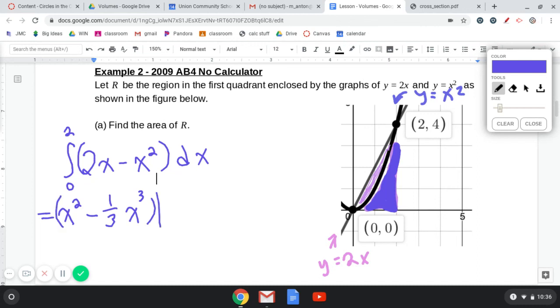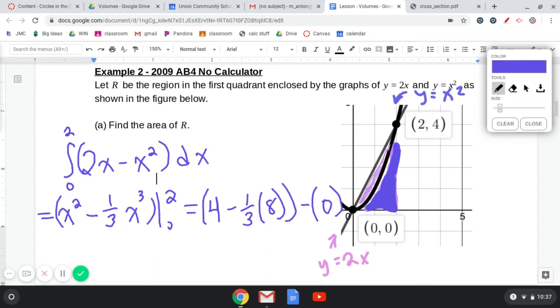And we need to evaluate this from 0 to 2. 2 squared is 4, minus 1/3 times 2 cubed, which is 8, minus plugging in 0, which gives 0 minus 0.